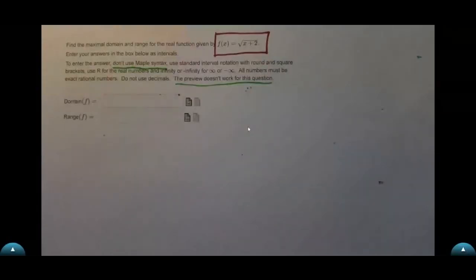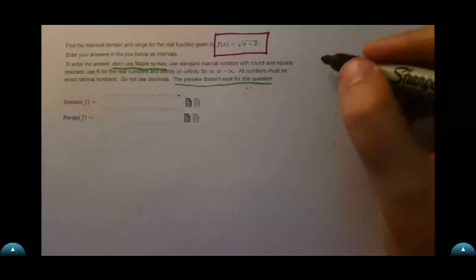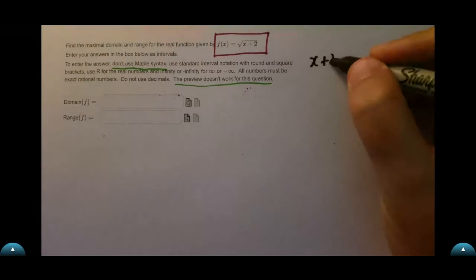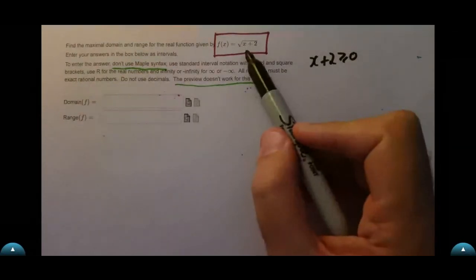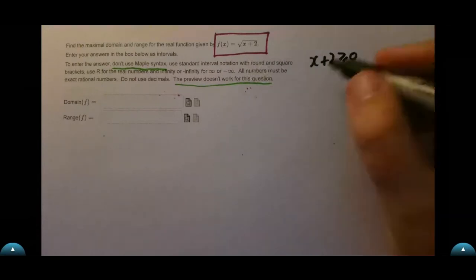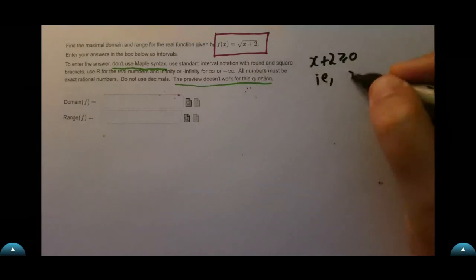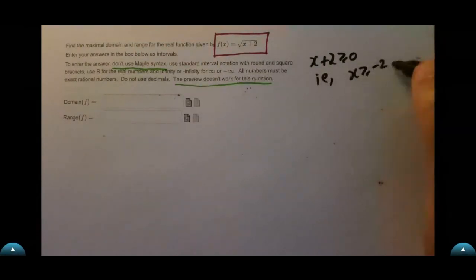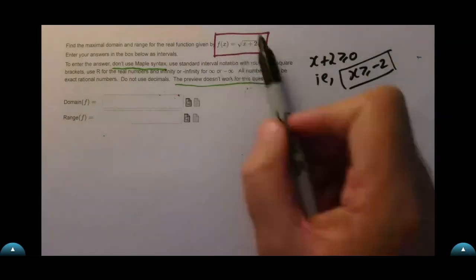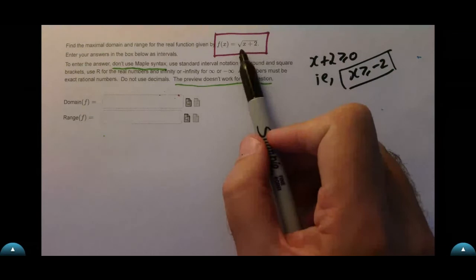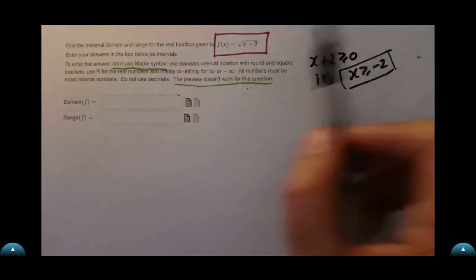So let's write that down. So for this one, you want, of course, x plus 2 to be greater than or equal to 0, because you can't take the square root of a negative number. Okay. So that's your domain. And the range, well, the square root is always greater than or equal to 0.